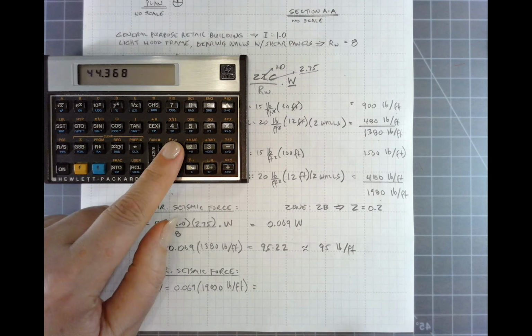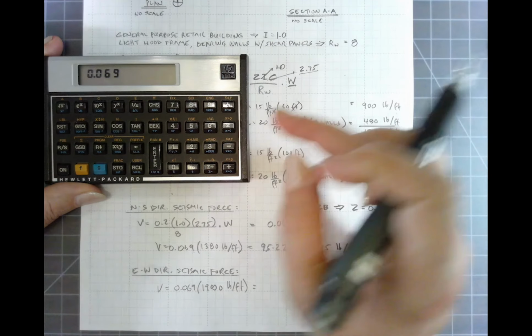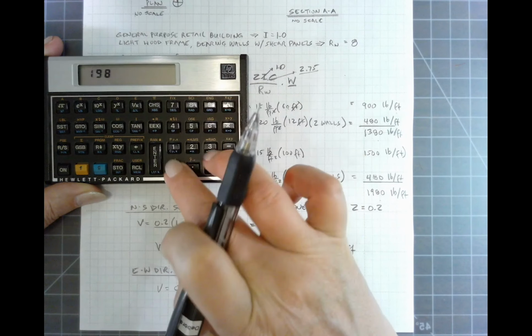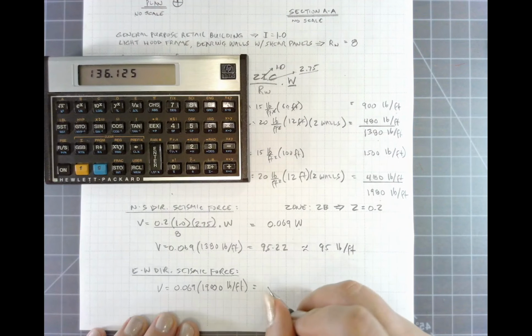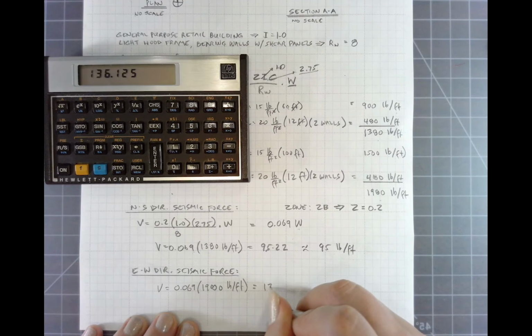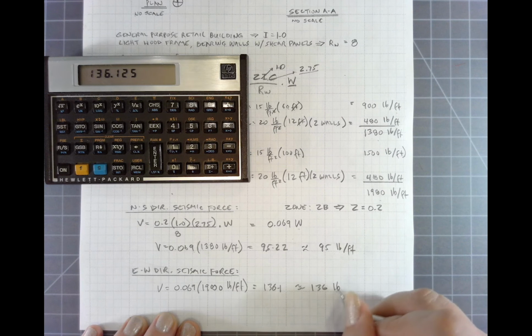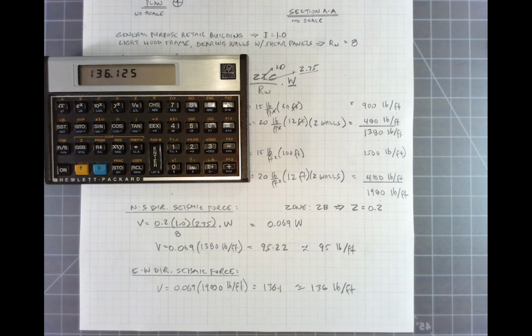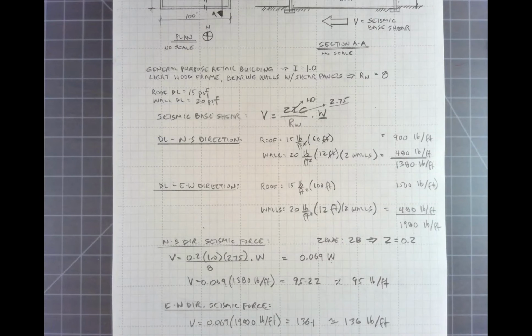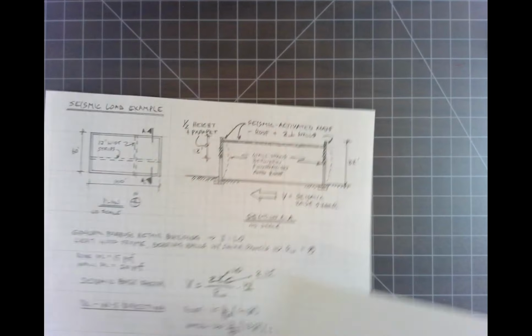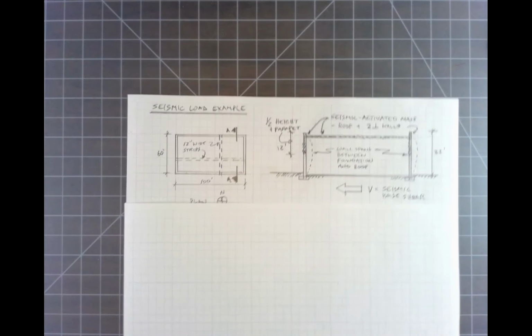So the multiplication factor times 1,980 comes out to 136.1. Just call that 136 pounds per foot. So what that means is this 136 pounds per foot in the east-west direction and 95 pounds per foot in the north-south direction is going to be going on to our roof structure here.